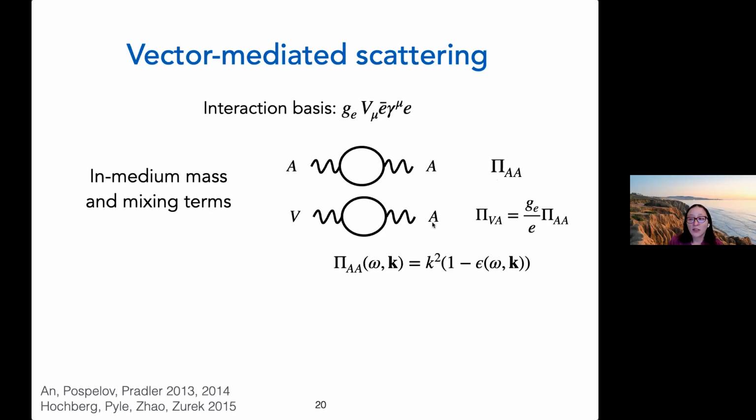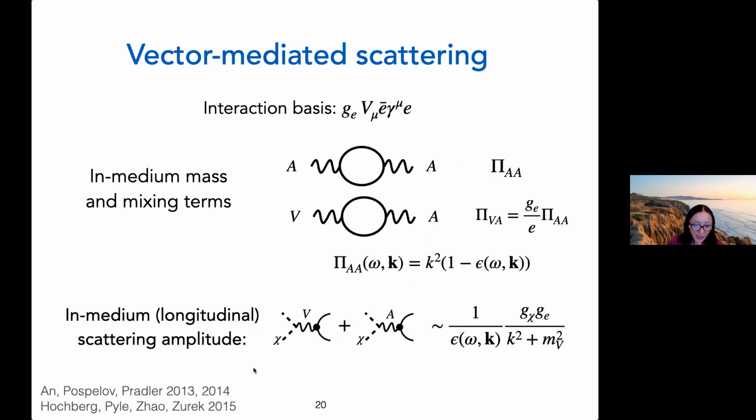So the calculation is a little more tricky in the medium. If you include all of these mixing terms and add up all the relevant amplitudes, you see that the scattering looks a lot like the 2-to-2 amplitude you would expect, but it's screened by the dielectric function, which makes a lot of sense from thinking about this dark matter as an external probe, which will be screened.